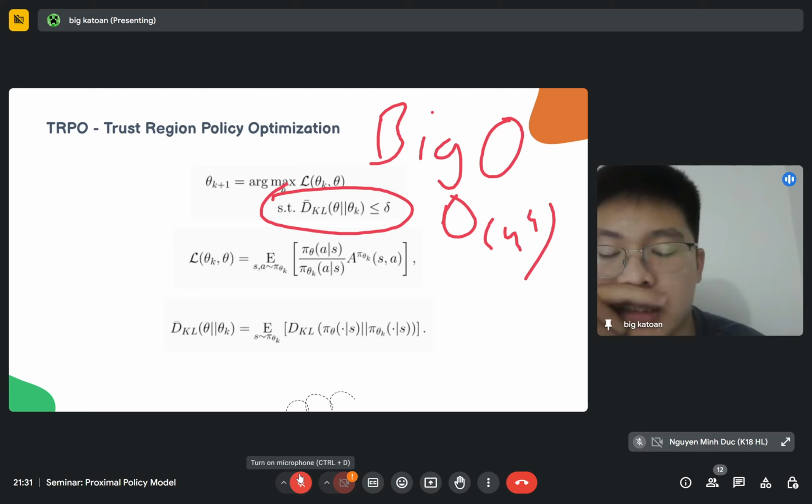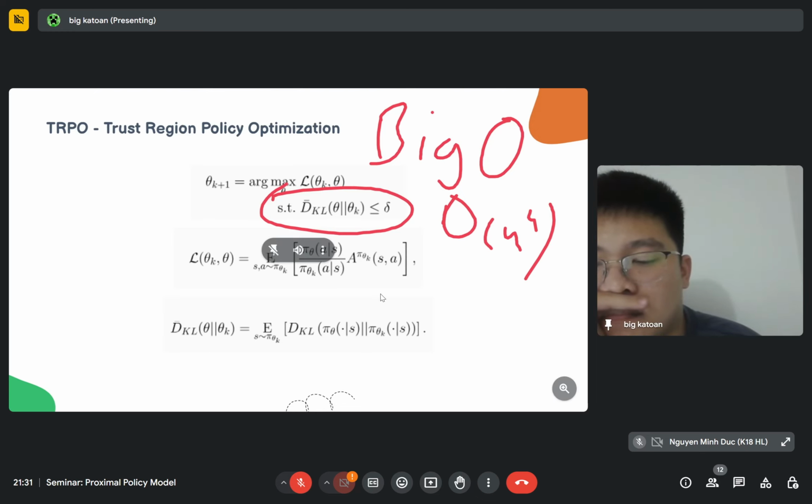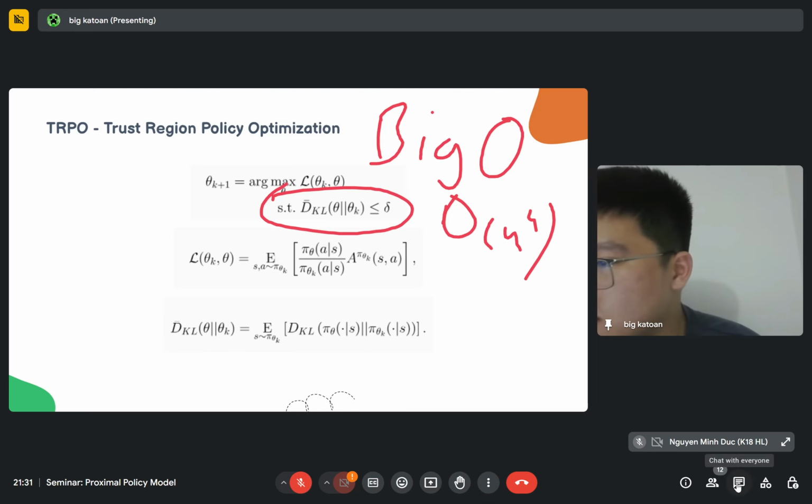Someone have a question? I have a question. In the A pi theta case, it tells us about the difference between the expected reward and the actual reward that we receive.